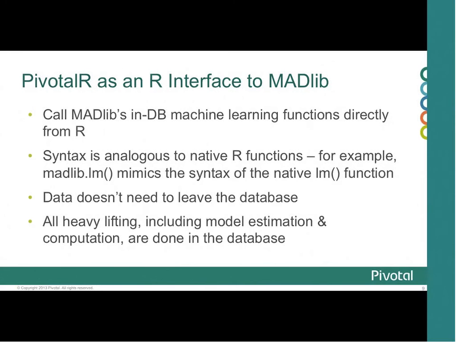The syntax is also analogous and closely mimics native R functions, right? There is a linear regression module in MADlib, and there's also an lm command in R. So what we've done with the PivotalR package is create a new function called madlib.lm, which mimics the syntax of the native lm function.